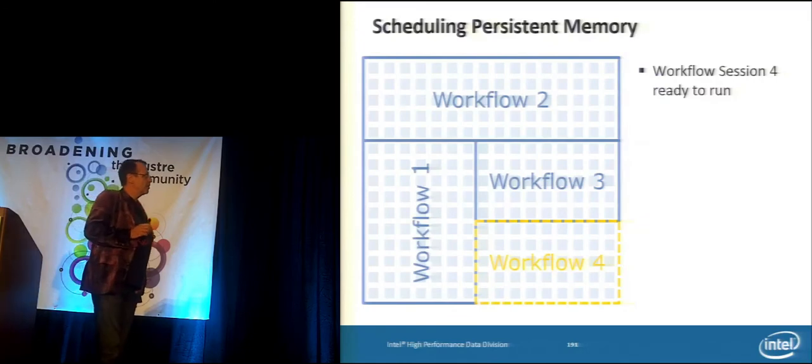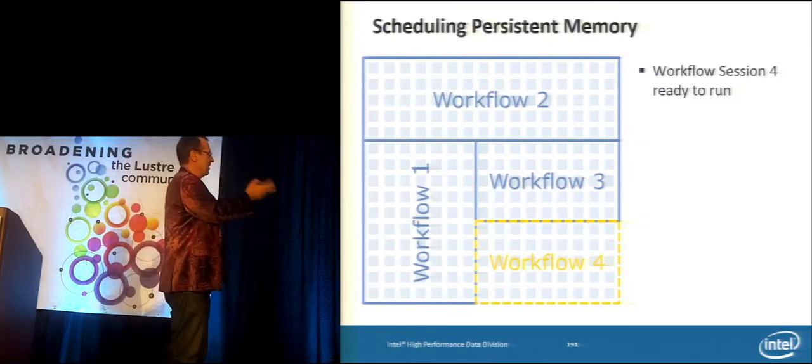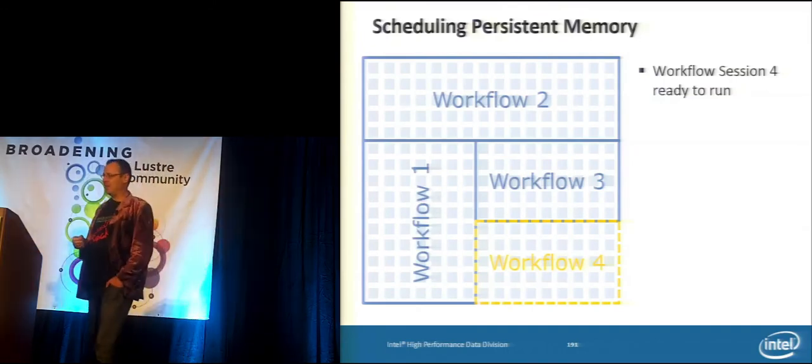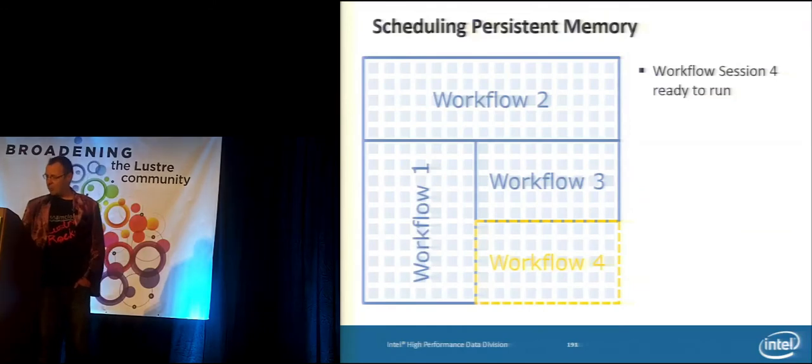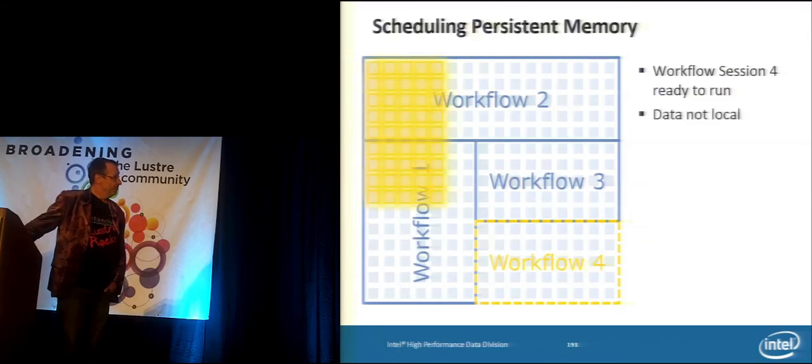So what do the workflows look like in this situation? Well, let's say I've got a few workflows already working in my cluster, and I'm about to schedule workflow number 4. It wants to work on a persistent memory image, distributed persistent memory image. The last time I ran it was over there.